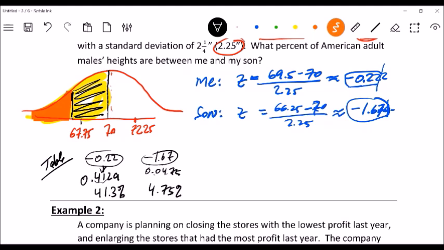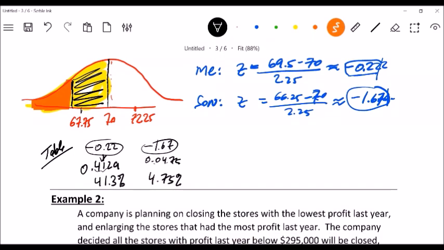And that's a very small percent. Because of this curve coming down, this is not a very big amount here. It looks big because of my drawing, but it's probably more of a curve like this.